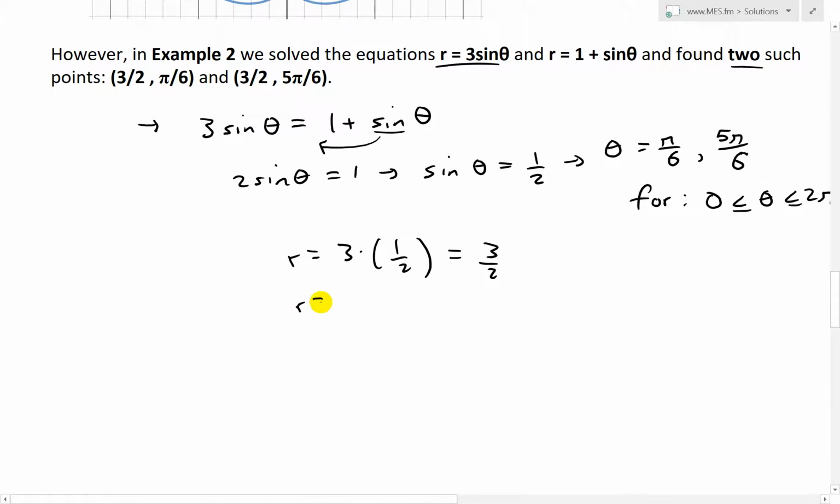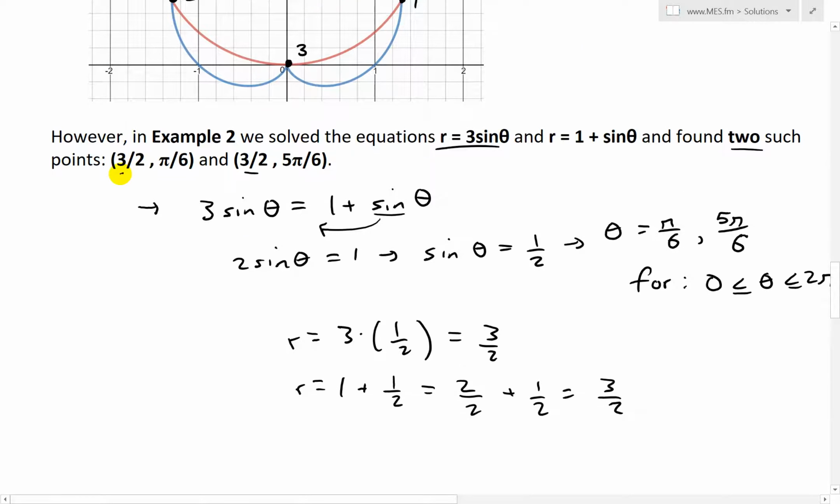Likewise, r equals 1 plus sine theta gives 1 plus 1 over 2, the same as 2 over 2 plus 1 over 2, which adds up to 3 over 2. So those are the r values, just for reference.